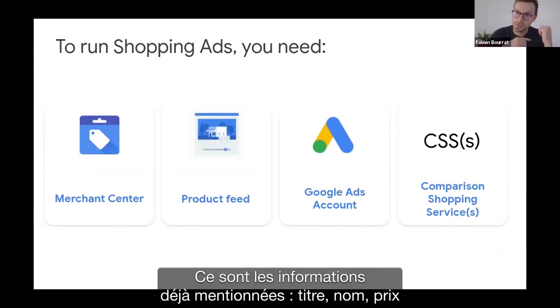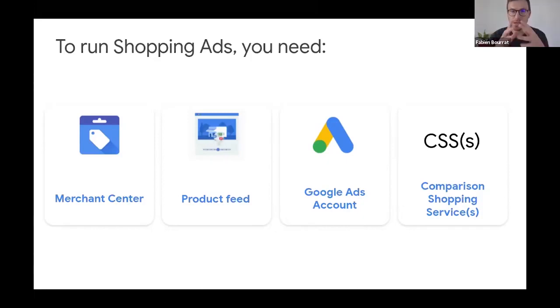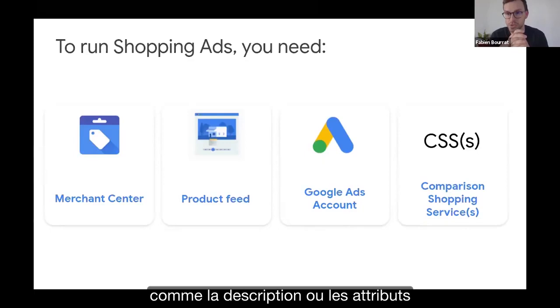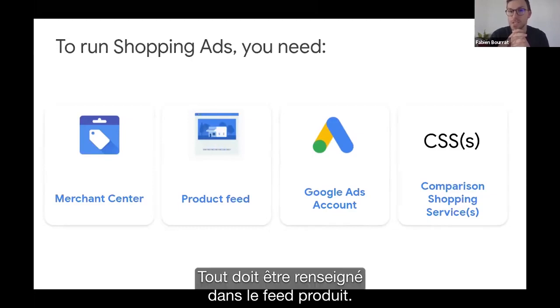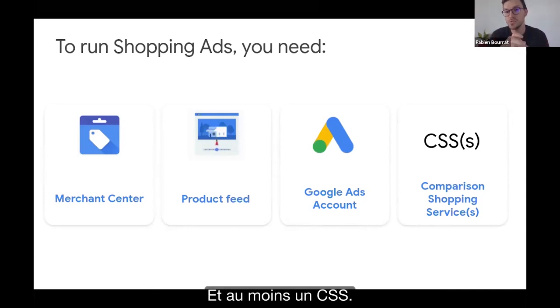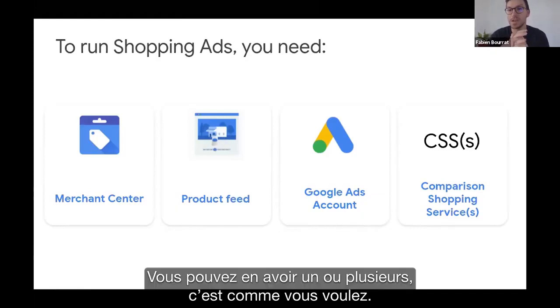The key ones we discussed before, like the title, the price, the name, but also all the relevant features that users may find interesting, like the description, or attributes like the color or the fabric for apparel, for example. Everything needs to be in the product feed. Then you need a Google Ads account, of course, to be able to run the shopping ad campaigns. And you need to select at least one CSS, Comparison Shopping Service. You can have one or you can have several CSSs, completely up to you.